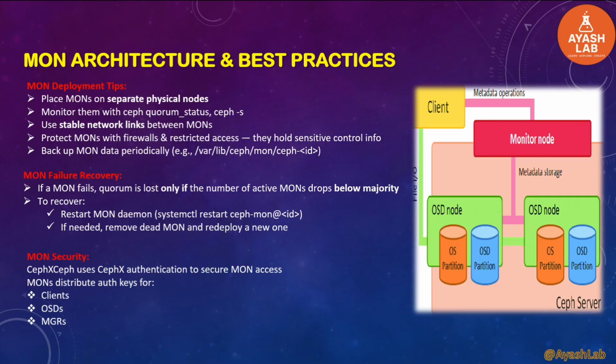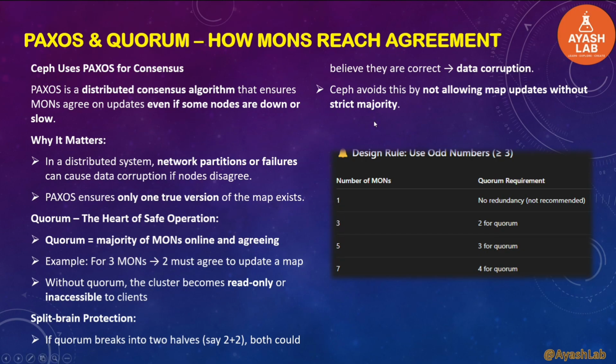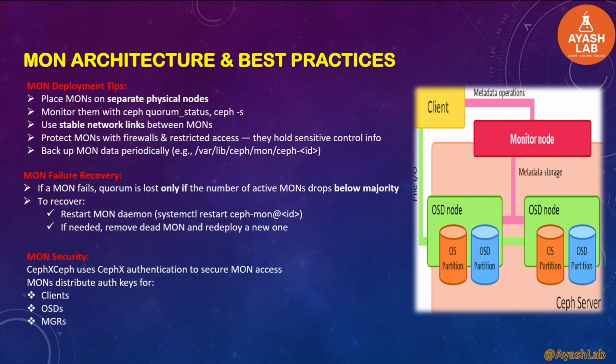Always maintain an odd number, and it should be greater than or equal to 3. Losing quorum means losing your write access. It will only work in read only mode. So the Mons protect both cluster state and access control.